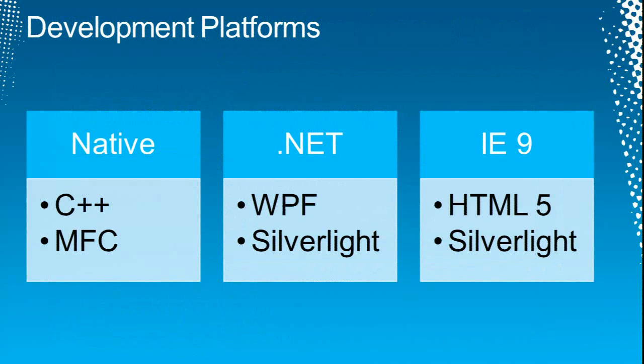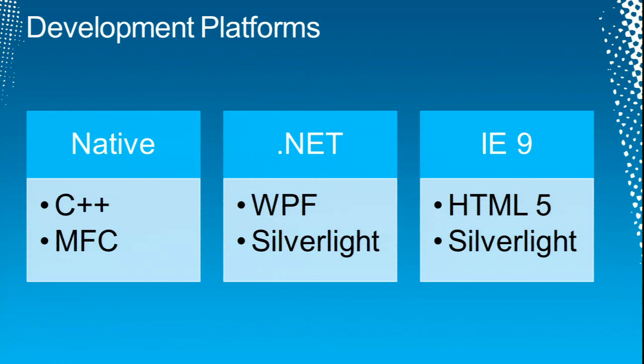So here are the development platforms that are available for touch. These basically allow you to get to the touch APIs in some form or fashion. So we've got native, which is basically a C++ Win32 application. You have full control over the APIs, so you can access the full environment.